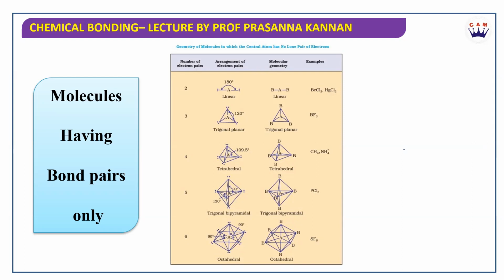If there are three bond pairs, it's going to be trigonal planar. If there are four bond pairs, tetrahedral. Five bond pairs, trigonal bipyramidal. We are going to see that. Six bond pairs, octahedral, or I can say square bipyramidal. Correct or not? We'll discuss that.